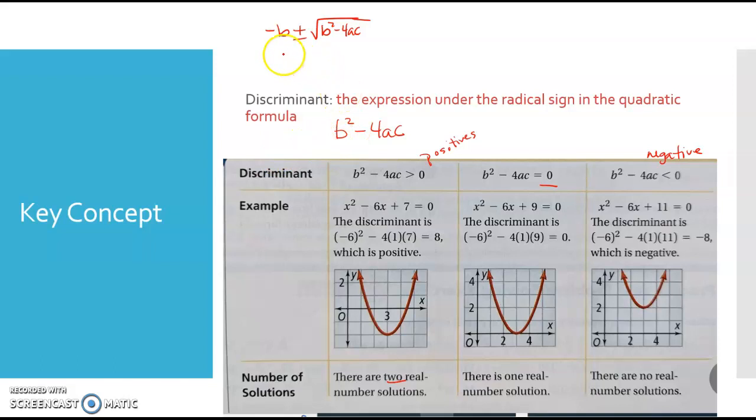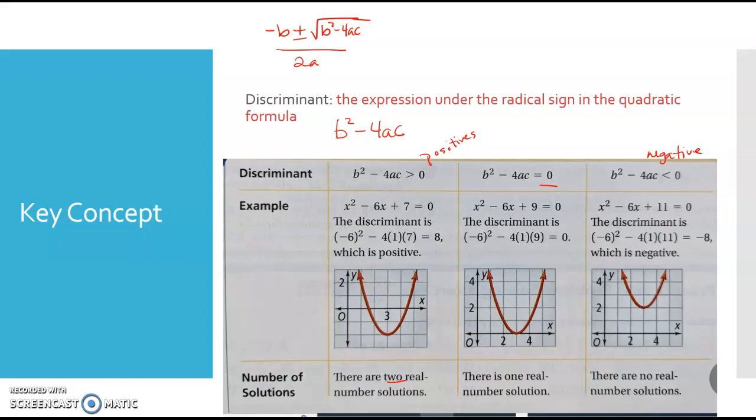I know I didn't finish out this equation and the mathematician in me is freaking out, but if this underneath here is negative, we can't truly find an answer to the square root of a negative number. That's why mathematicians created imaginary numbers. Because for some reason we have to have an answer for everything.